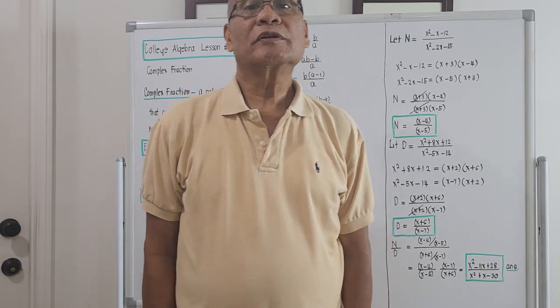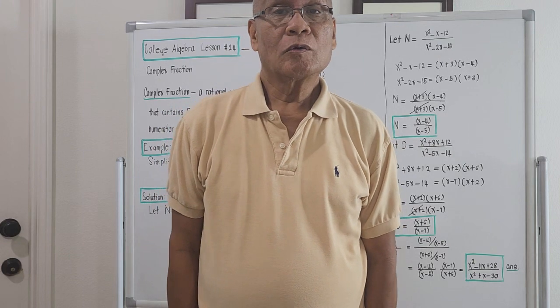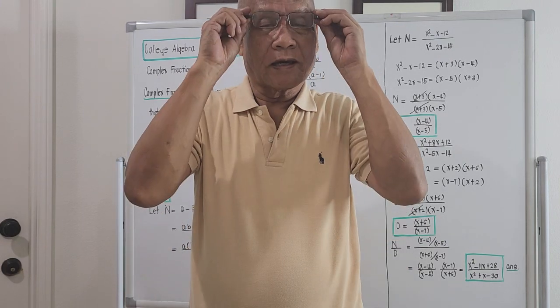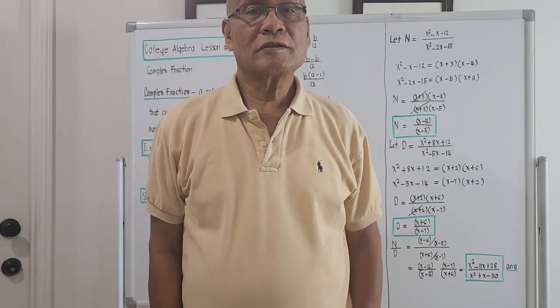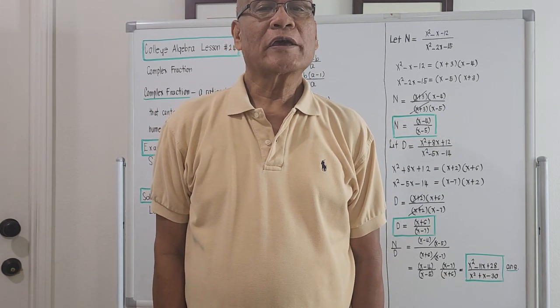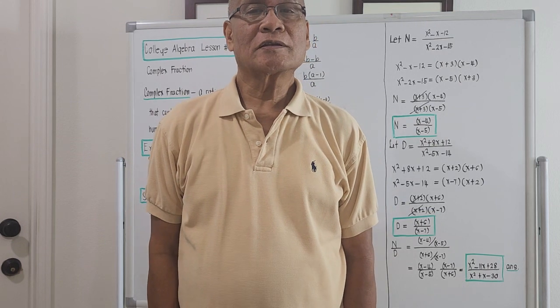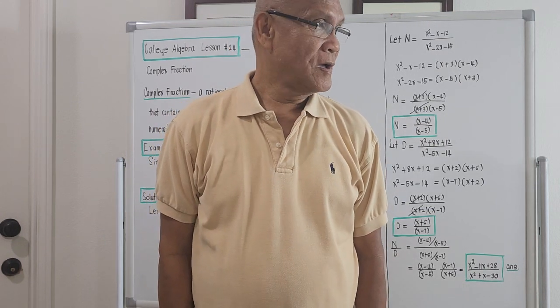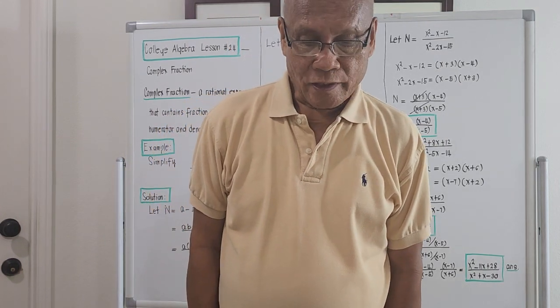My topic for this morning will be a long video format, college algebra, and this is now lesson number 24. We are running smooth on our college algebra. Let's proceed.